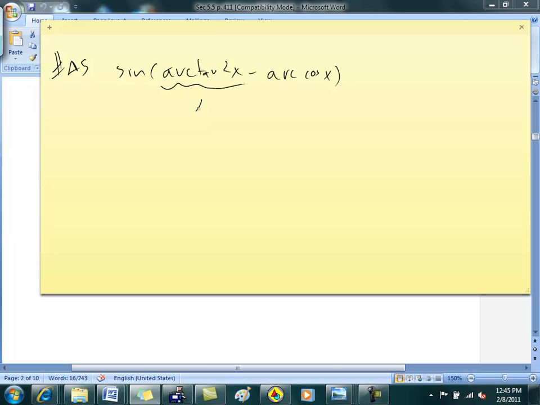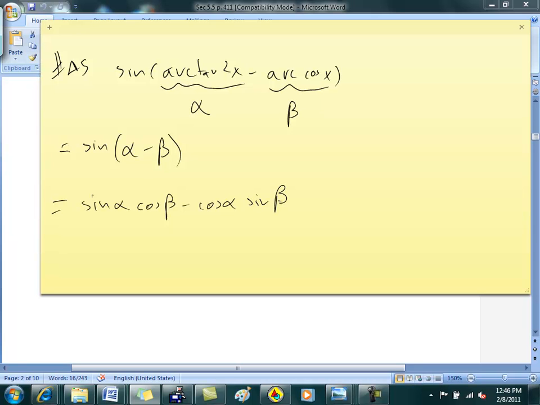So this I'll call alpha, and this I shall call beta. So in other words, what I want you to do is find sine of alpha minus beta. If you use your identities, this gives you sine alpha cosine beta minus cosine alpha sine beta.